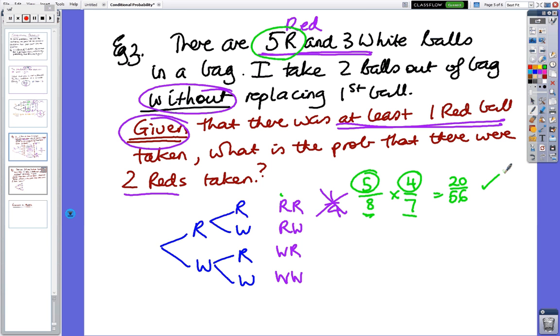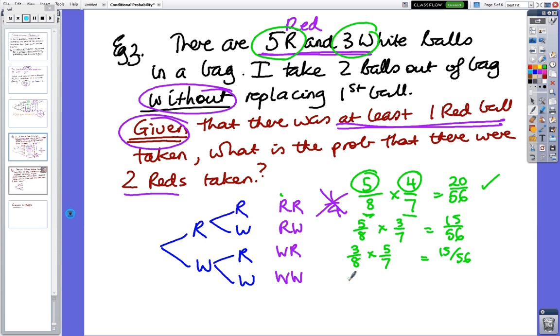So similarly, we've got 5 eighths for the first red, and we haven't taken a red, so the next answer is 3/7. So that's 15/56. We won't cancel down. Okay, so now we've got white, red. So the first white is 3/8, and we haven't taken any reds, so we've got 5/7, so that's 15/56.